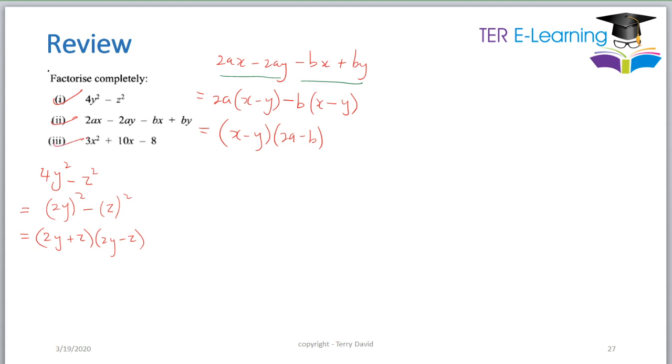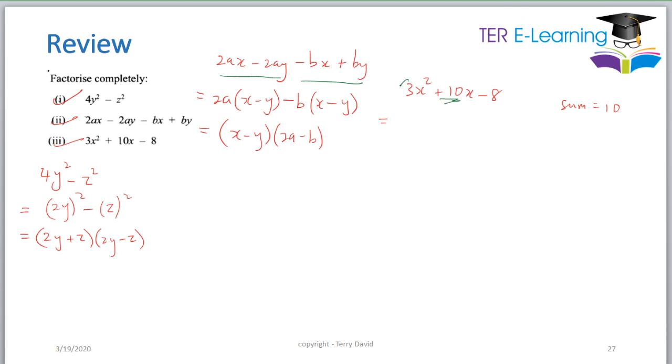And the last part now, we have a quadratic, which is 3x squared plus 10x minus 8. Right? So again, we're looking for two numbers whose sum is equal to 10. Right? Because remember, we look at this term here to figure out what the sum is.